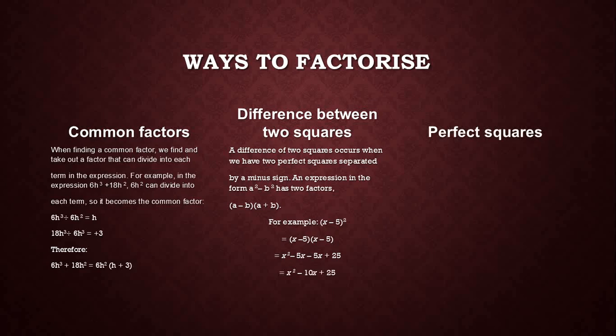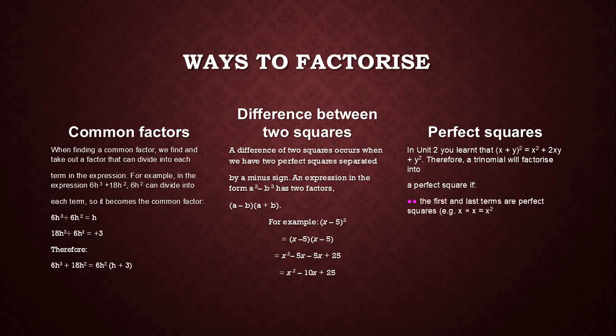The next thing that we're going to look at is called perfect squares. In the previous unit, you learned that (x + y)² equals x² + 2xy + y². Therefore, a trinomial will factorize into a perfect square if the first and the last term are perfect squares.